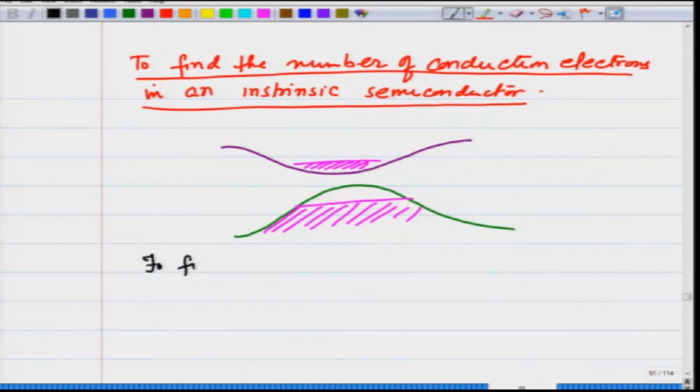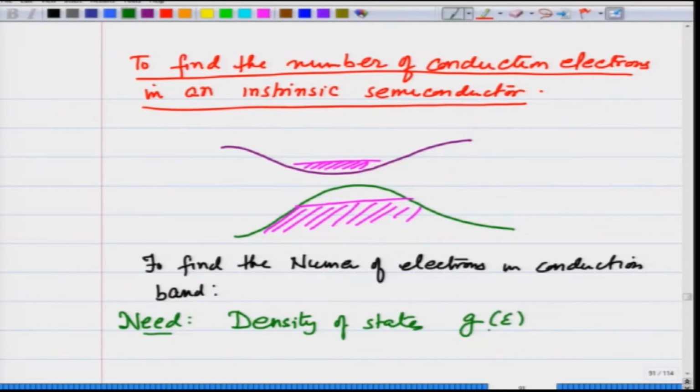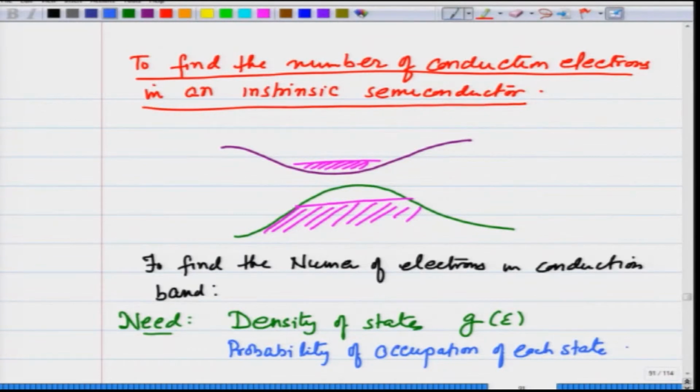So, to find the number of electrons in conduction band, I need density of states, which I am going to call G E. So, number of states per unit energy range, and I need the probability of occupation of each state, which I am going to call F E, and both these are known.